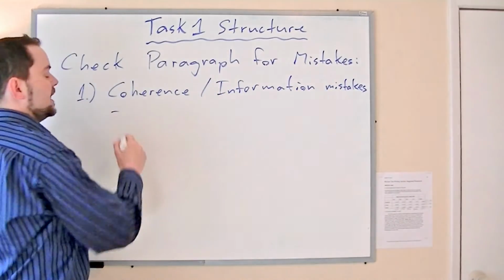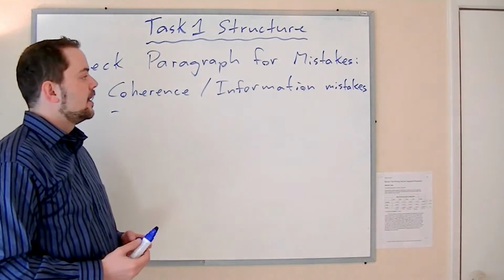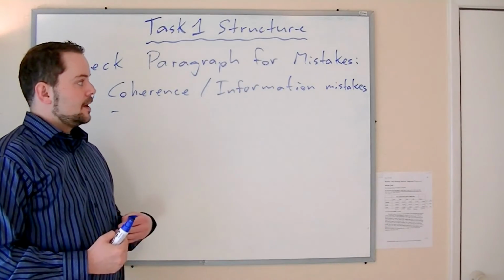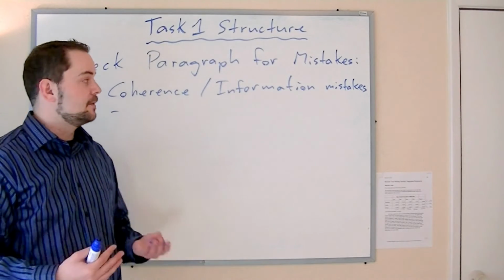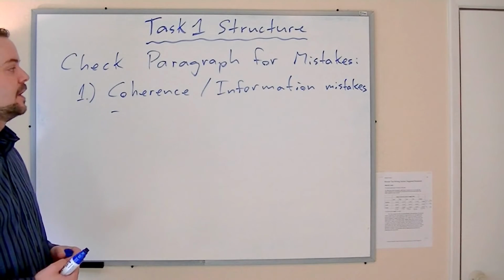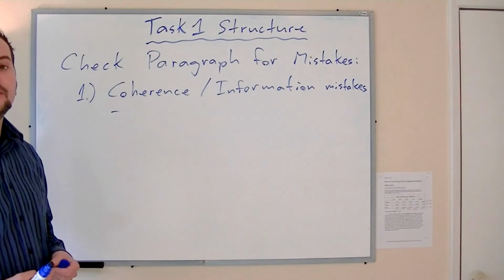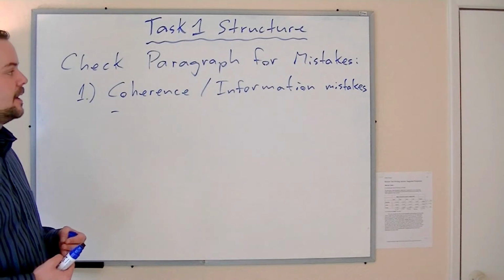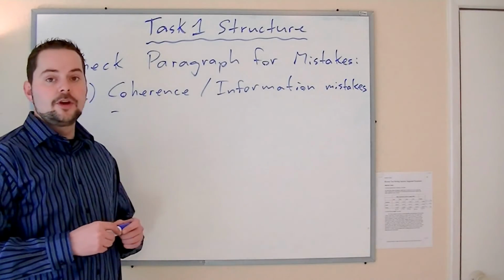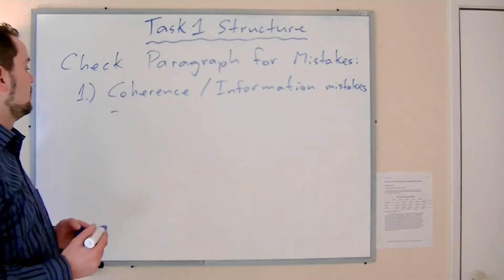Simply this means that any kind of mistake where it's difficult to understand what the sentence is saying or what the sentence is trying to connect, these are coherence mistakes. They can really hurt your grade, so you definitely want to make sure that you don't have any of these.